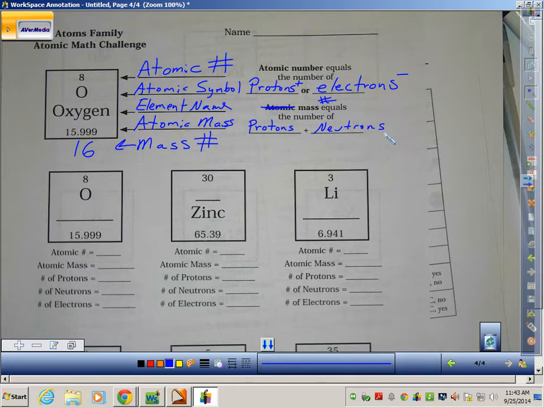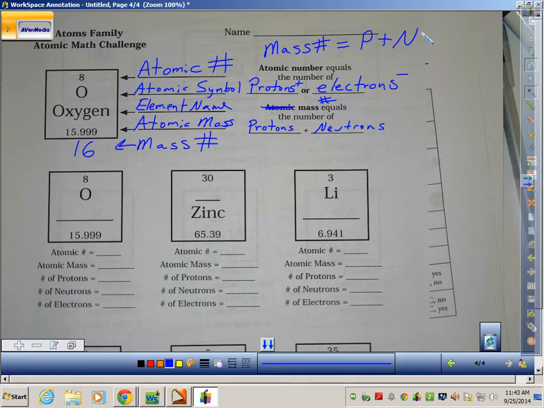So, on this symbol, this little square, is there anything I've told you right now that tells you directly the number of neutrons? No. So you're going to have to do that by doing a little bit of math. I want you to understand that the mass number, you might want to write this somewhere, equals the number of protons plus the number of neutrons. You have most of this equation, right?